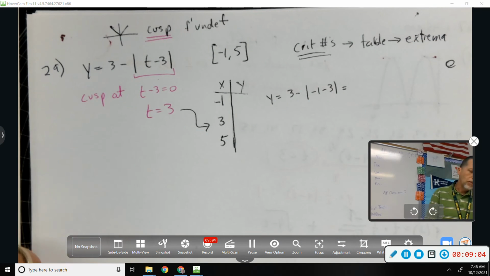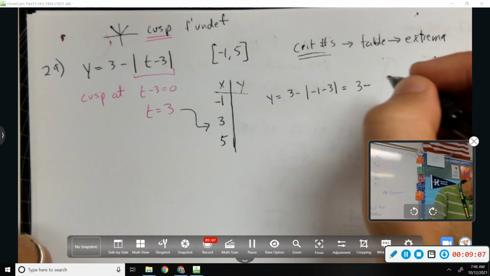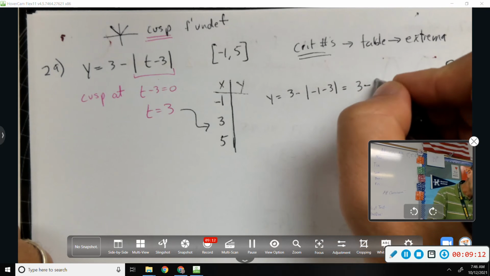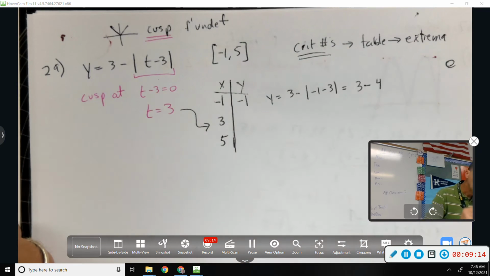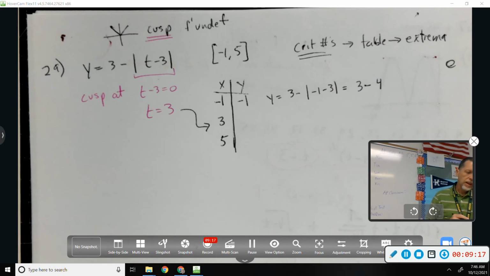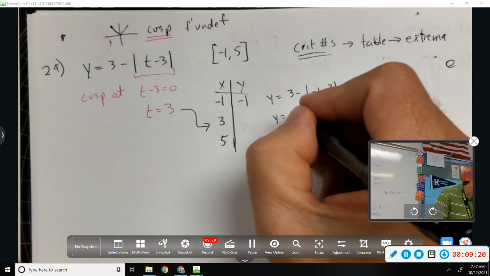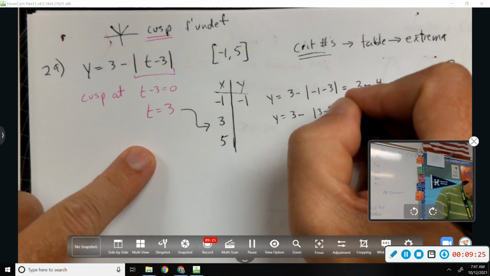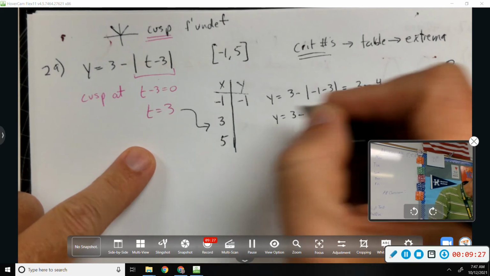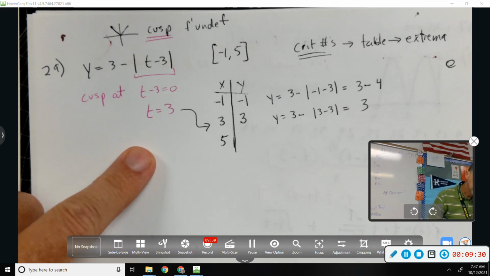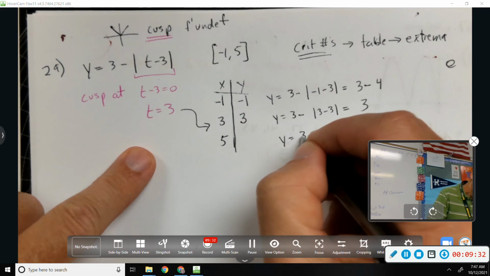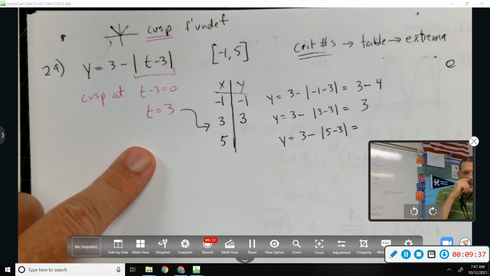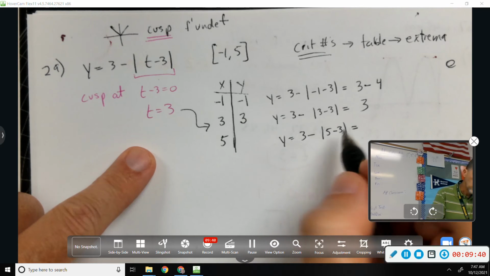So be careful with absolute value stuff. -1 minus 3 is -4, but absolute value that would be 4. So -1, -1. At 3, 3 minus 0 is 3. And at 5, 3 minus 2 is 1.